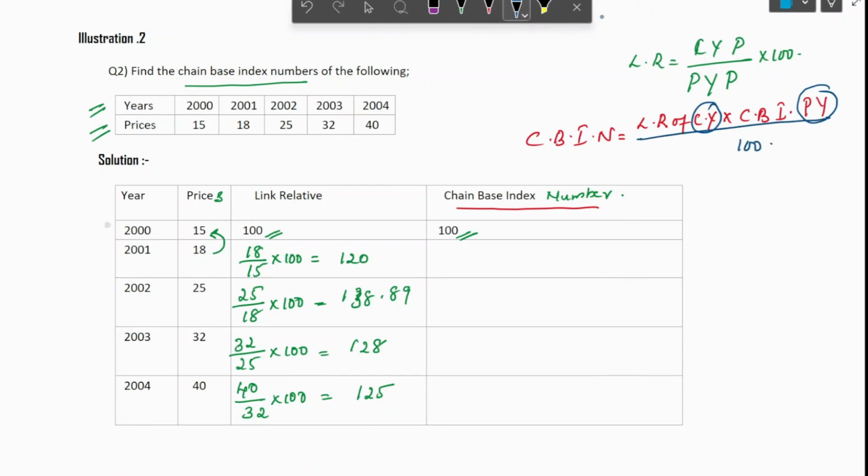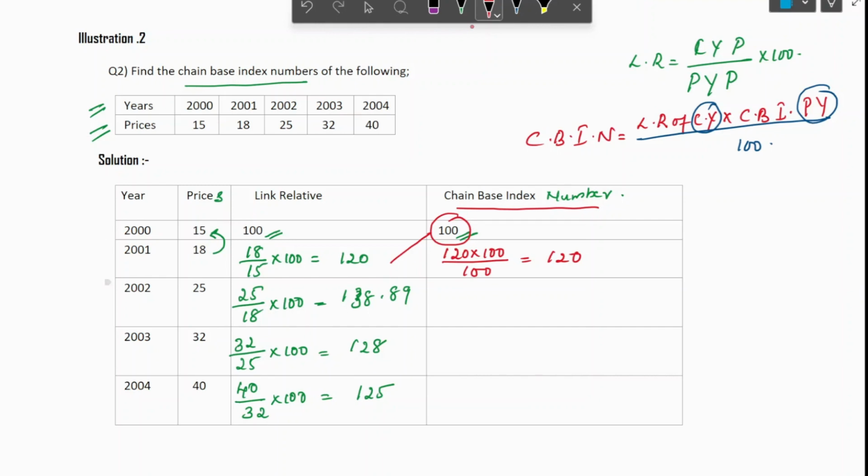Now we'll write here, that is 120. How do you calculate? Remember it, you are calculating this way. 120 into 100 divided by 100. That means current year link relative into previous year chain base index number divided by 100. That means it is 120. Always the first one is going to be the same, link relative and chain base index number.